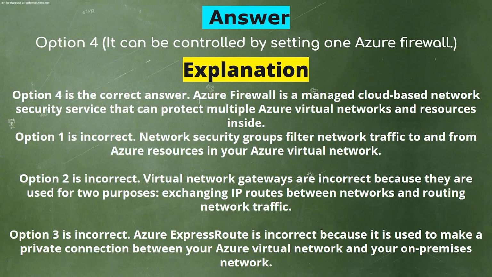Virtual network gateways are incorrect because they are used for two purposes: exchanging IP routes between networks and routing network traffic. Option 3 is incorrect. Azure ExpressRoute is incorrect because it is used to make a private connection between your Azure virtual network and your on-premises network.